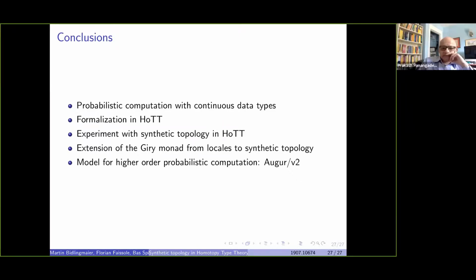I see. Okay, Alex Simpson has a question. Yes, hi Bas. That was a very nice talk. So can you clarify a little bit at the start? You said you wanted your probability monad to act on sets, but then it seems you're getting it to act on locales. So is there a tension there, or what's the resolution of that?